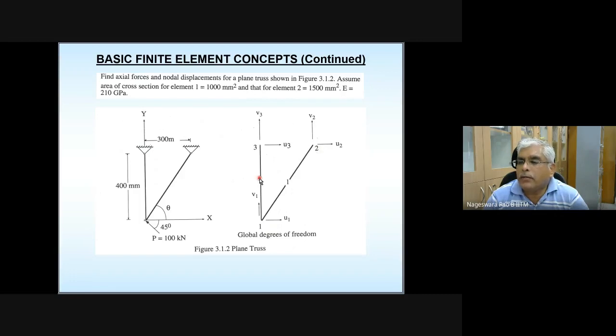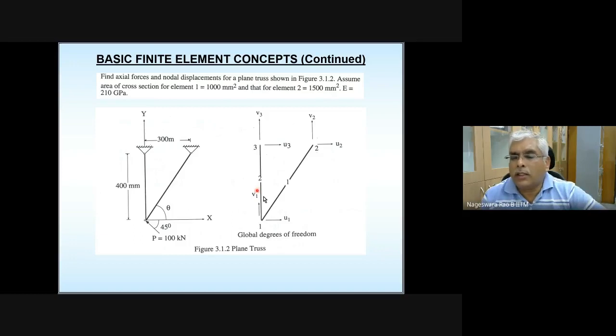For element 2, local node 1 is the same as global node 1, and local node 2 is global node 3.